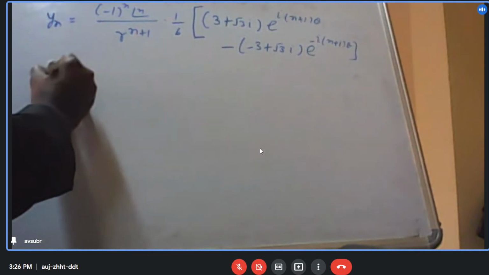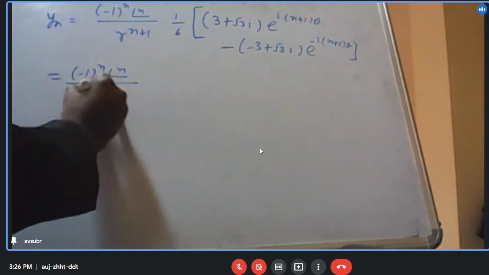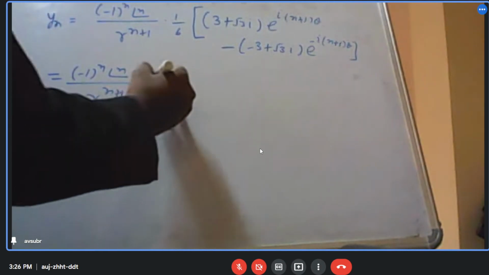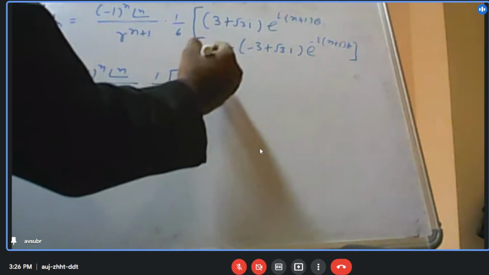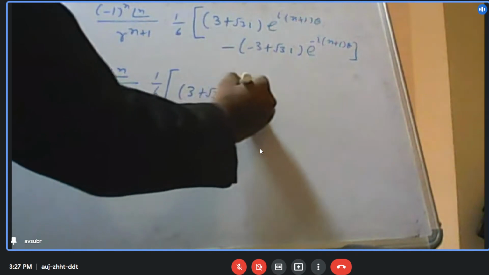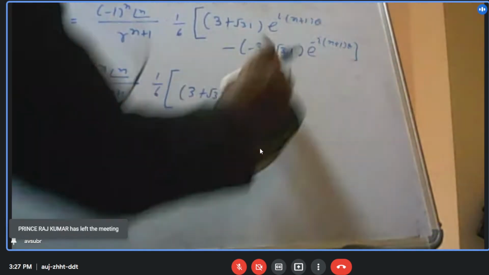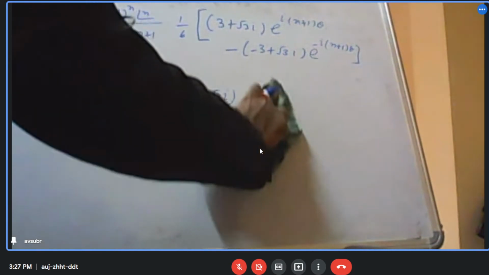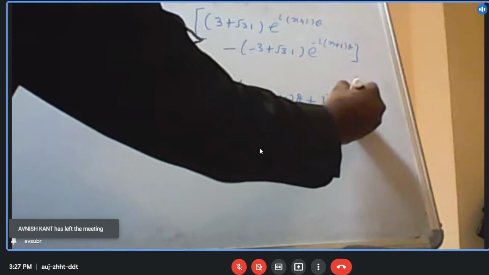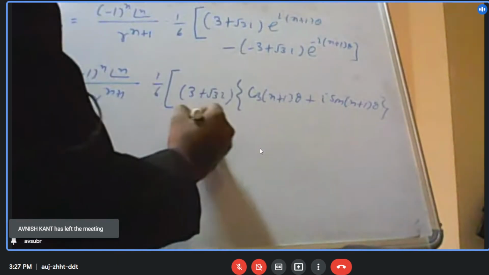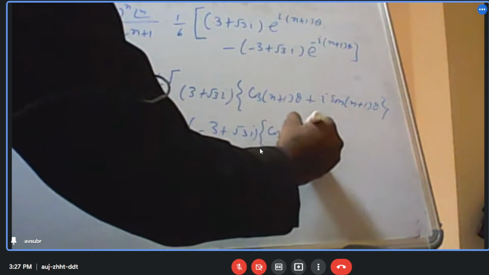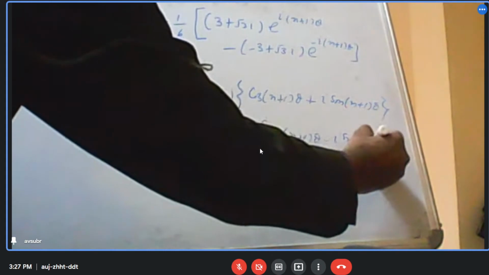Let us solve it further. So minus 1 to the power n factorial n r to the power n plus 1, and this will become 1 by 6 into 3 plus root 3 i times cos n plus 1 theta plus i sin n plus 1 theta, minus 3 plus root 3 i times cos n plus 1 theta minus i sin n plus 1 theta.